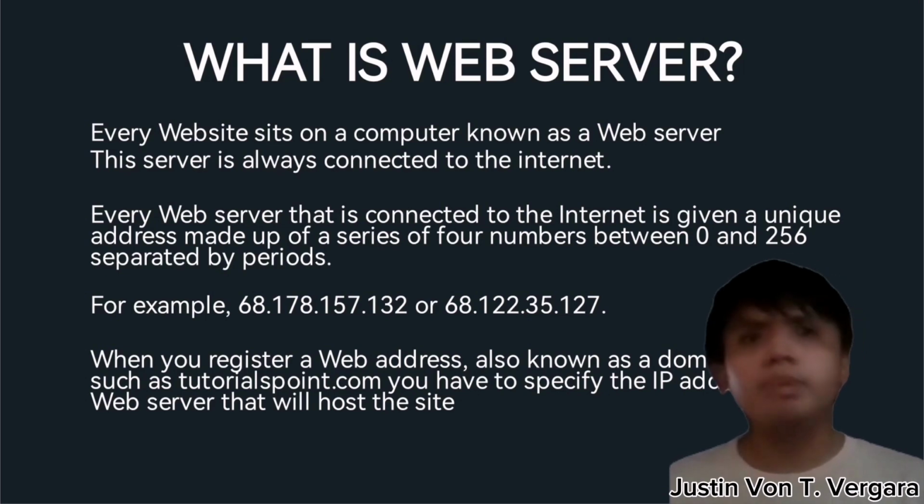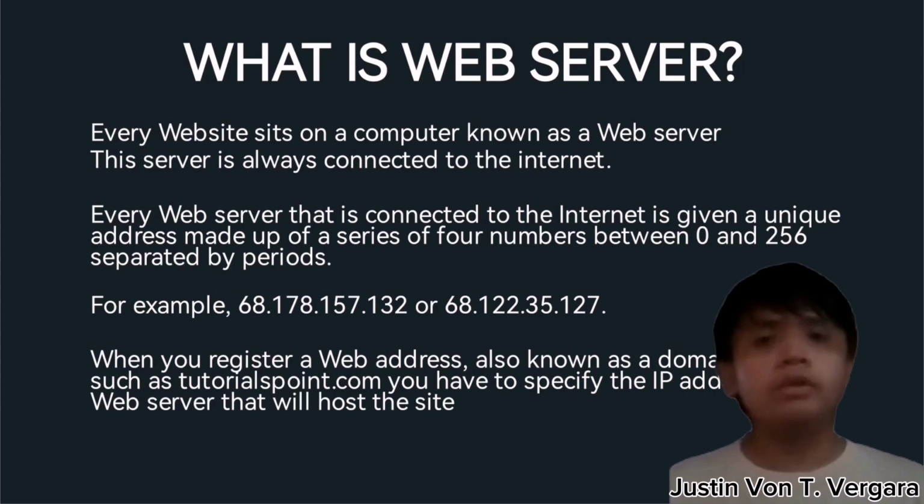When you choose a name for your website, it is called the domain name. For example, facebook.com is a domain name. You also have to tell the internet where to find it. You do this by linking your domain name to the special address of the web server that is going to store your website. That is called a web server.